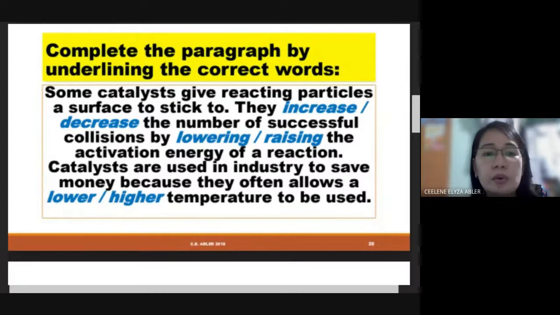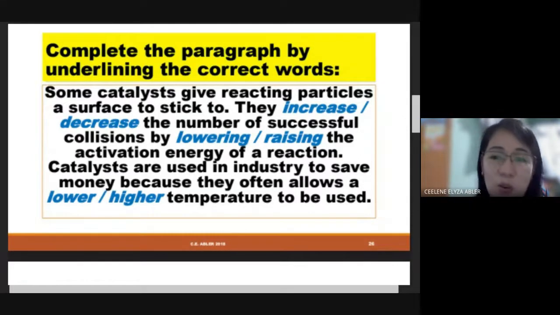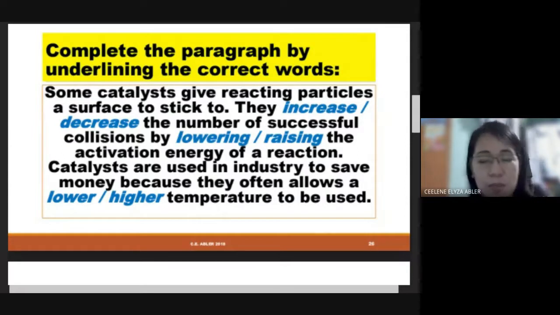Okay. So that is what we use to save money because they often allow what? Because they lower the activation energy. This means you will need a lower temperature. So the temperature you need to start the reaction is also lower. So that is the use of your enzymes.